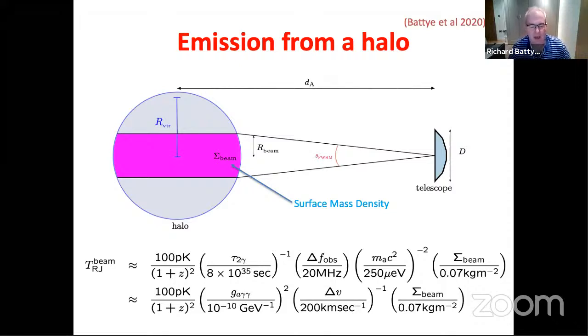And it's about 100 picokelvin. Pico is 10 to the minus 12, for those who aren't familiar with that unit. So it's a very, very small number.